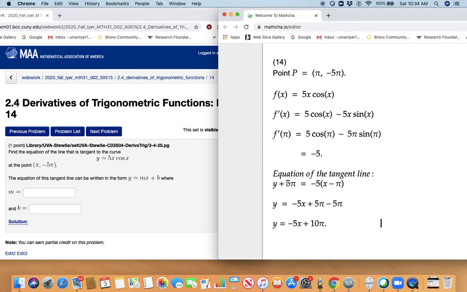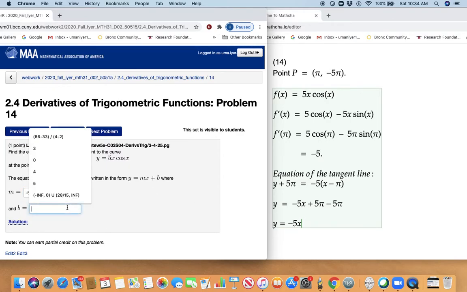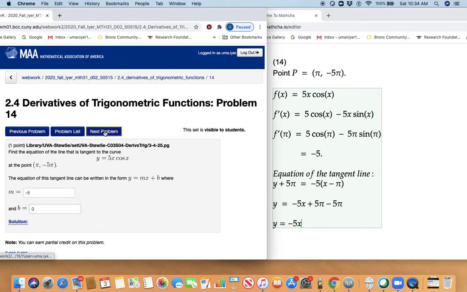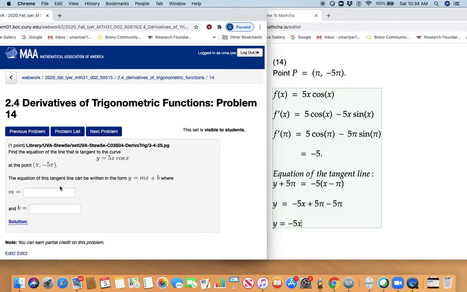So positive 5 pi and then that moves there to become negative 5 pi and this goes away. So you are left with slope is negative 5 and nothing is added, plus 0 is added. Negative 5 is the slope and 0 is the y-intercept.